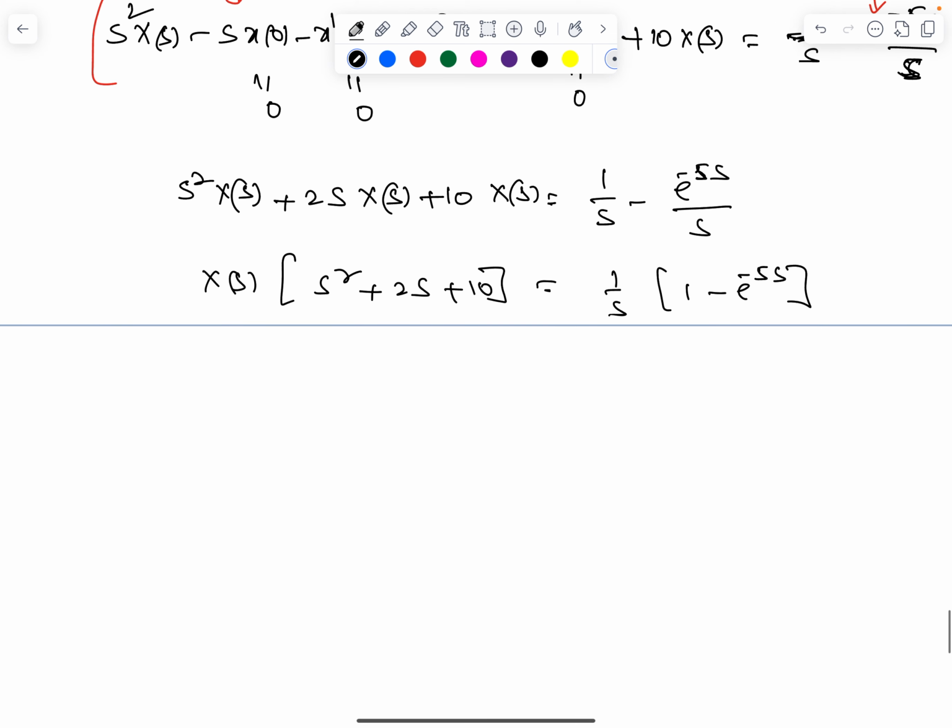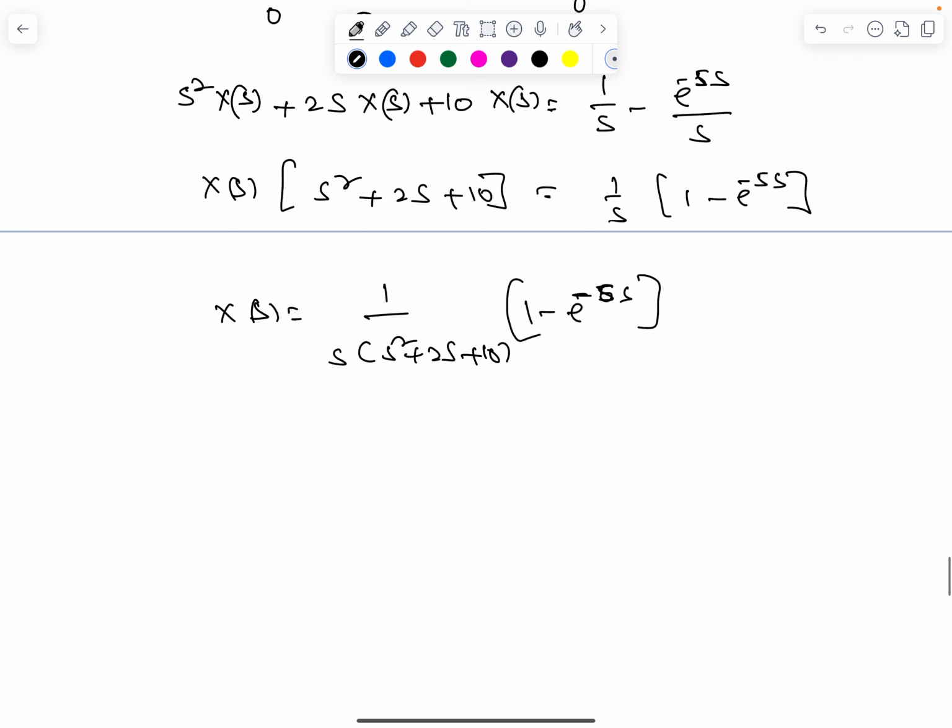Now, if you take the left hand term to the right hand side, therefore 1 by s into (s square plus 2s plus 10) is multiplied with (1 minus) e power minus 5s.